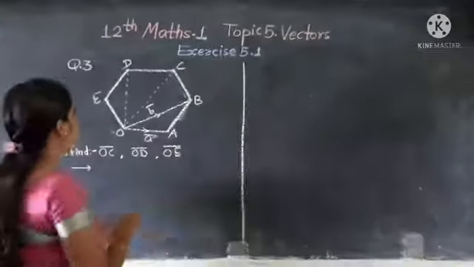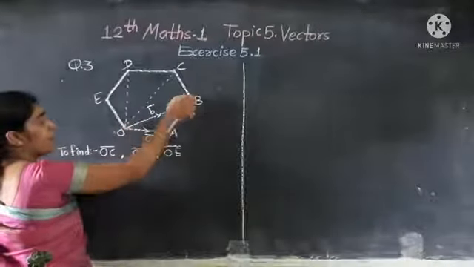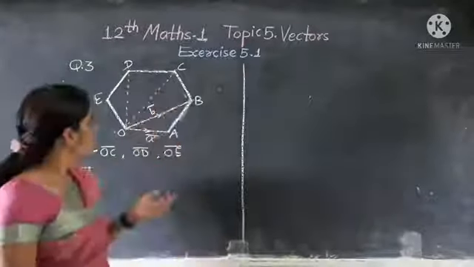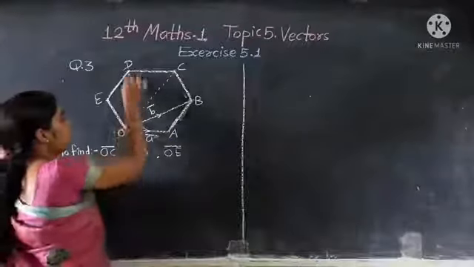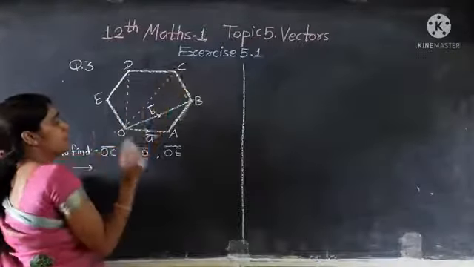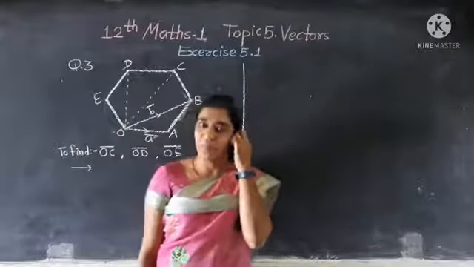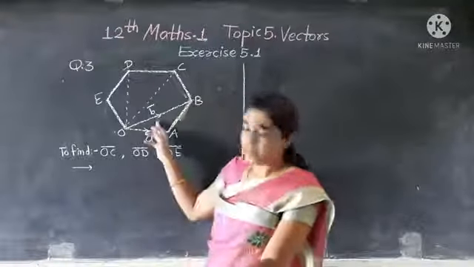Okay. For OC bar, we must know OB bar and BC bar. OA bar and BC bar are in the same direction. Okay, so first you find here.